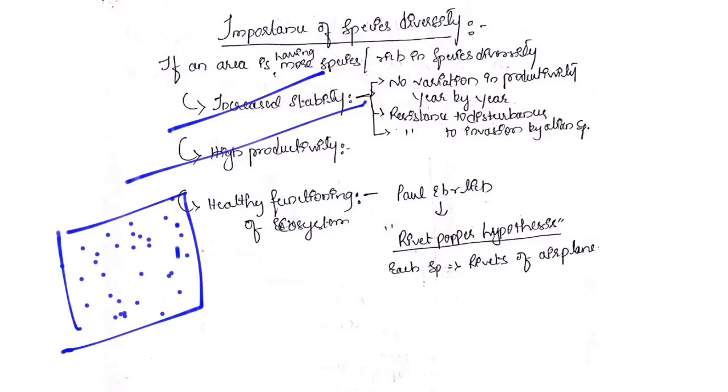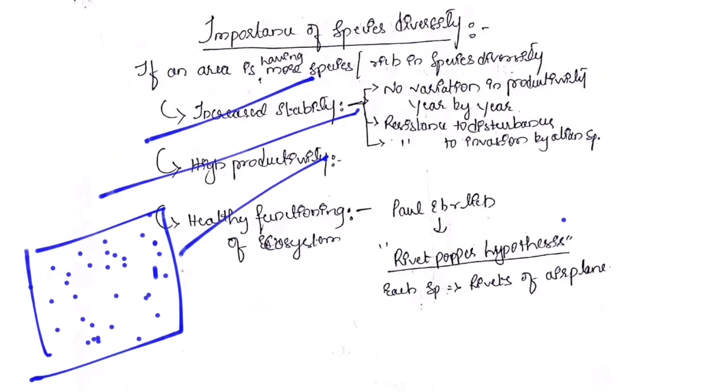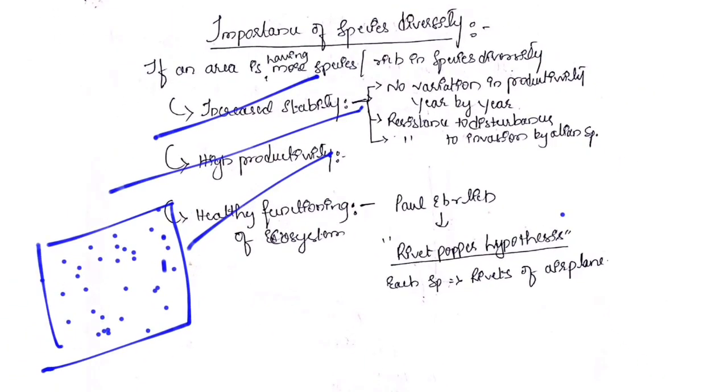Such a habitat has healthy functioning of the ecosystem. That type of habitat performs very healthily. So we can see there are three main importances of species biodiversity. If the species diversity is rich, it helps in increased stability, high productivity, and healthy functioning of the ecosystem.